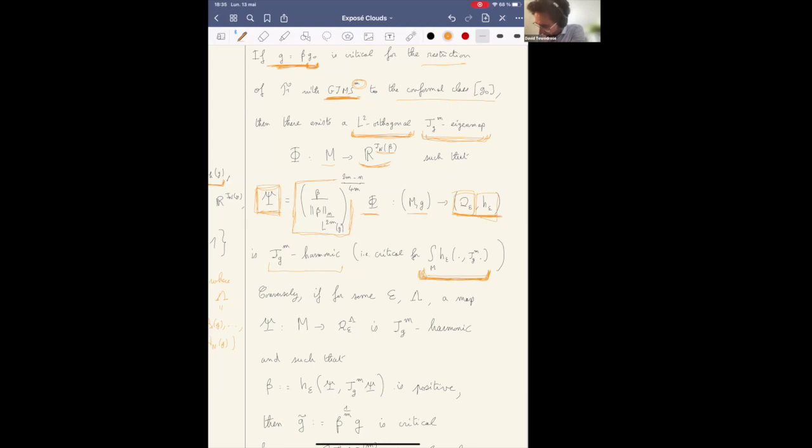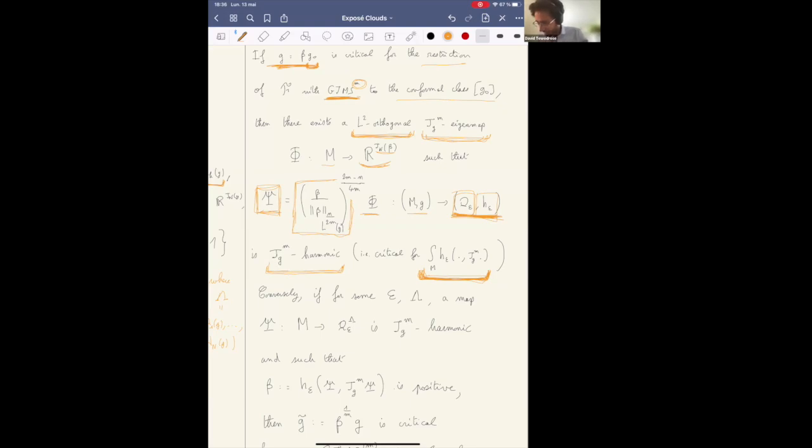on the set of mappings from Mg to the Euclidean space. We say that a mapping that is critical for this energy, we call it GJMS harmonic, a mapping subject to the constraint of ending in the quadric Q epsilon.